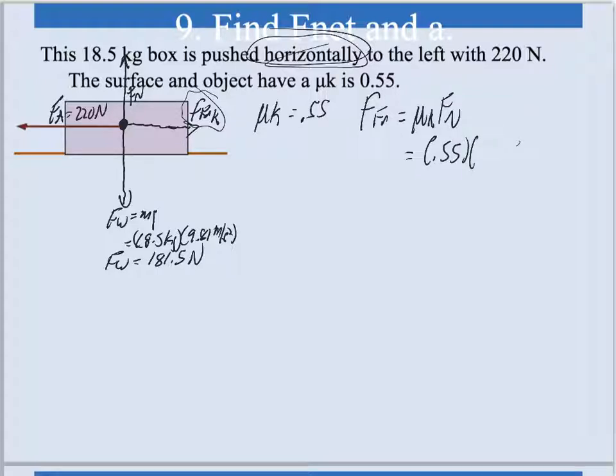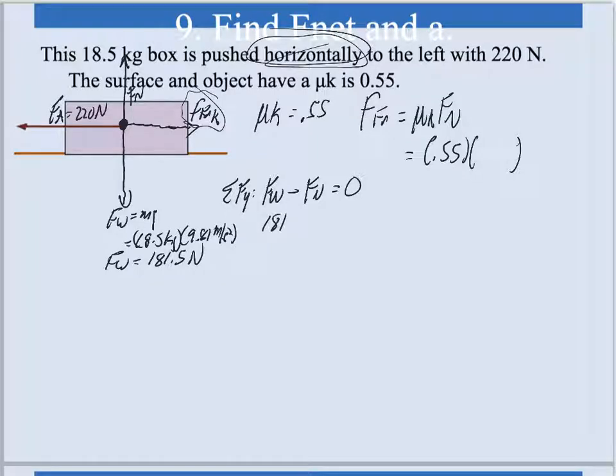Normal force, don't know that. Or do I? Well, I know that if I sum the forces along the y-axis where the normal force is located, I know I have Fw, and I know I have Fn. And because it's not being pushed up into the air or pushed down into the ground, I know that it's balanced along the y-axis.